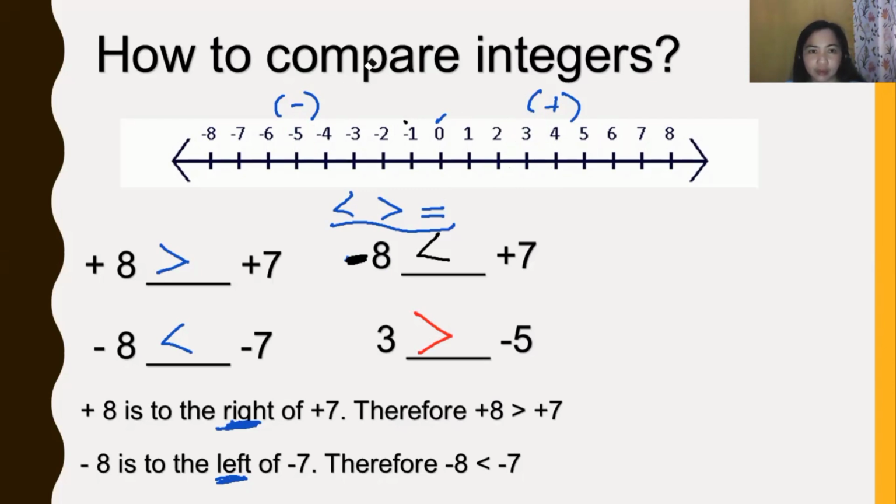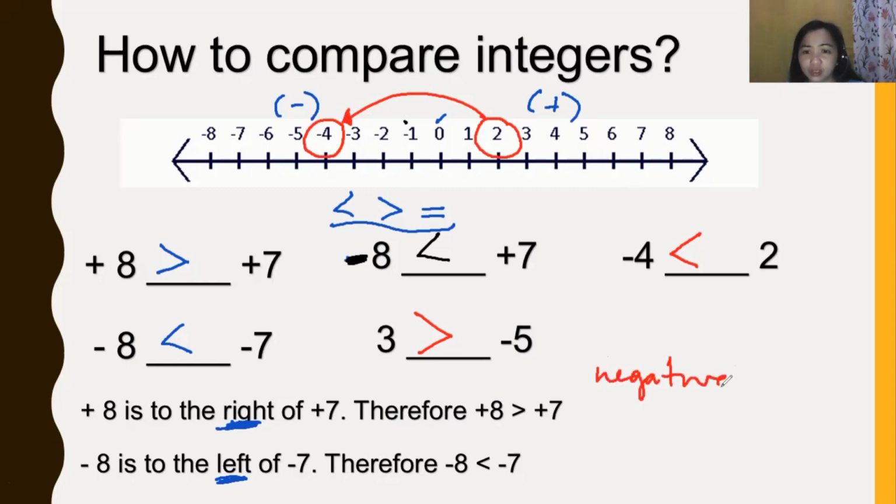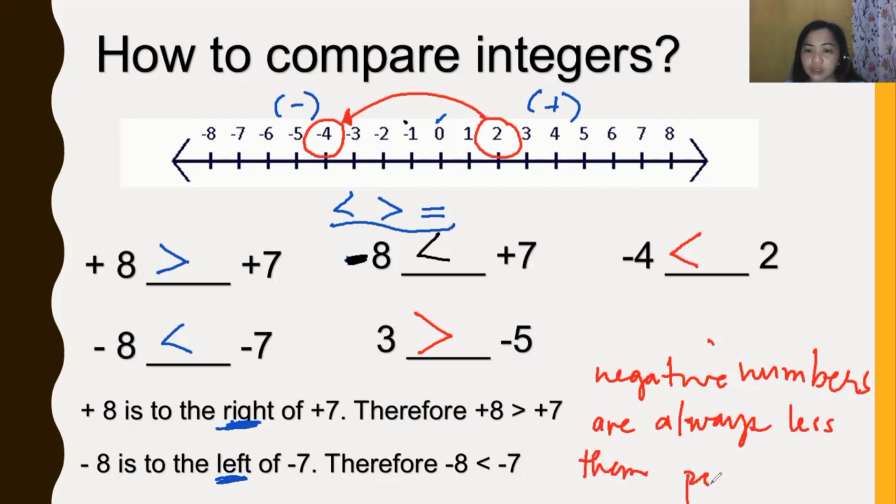Let's have another example. Negative 4 and positive 2. So nakita nyo, negative 4, ito yung positive 2, si negative 4 nasa left. So mas mababa siya, should be less than. And remember, negative numbers are always less than positive numbers. Lagi silang mas mababa.